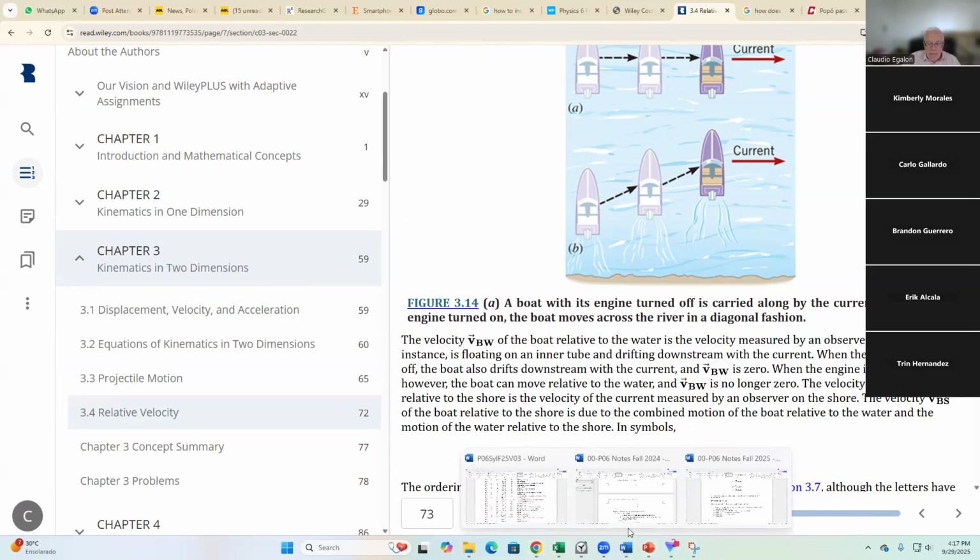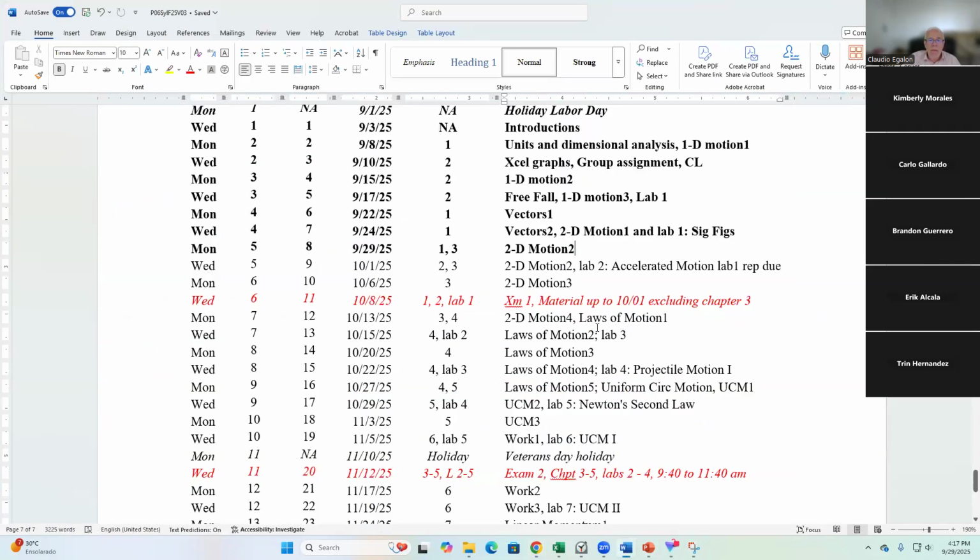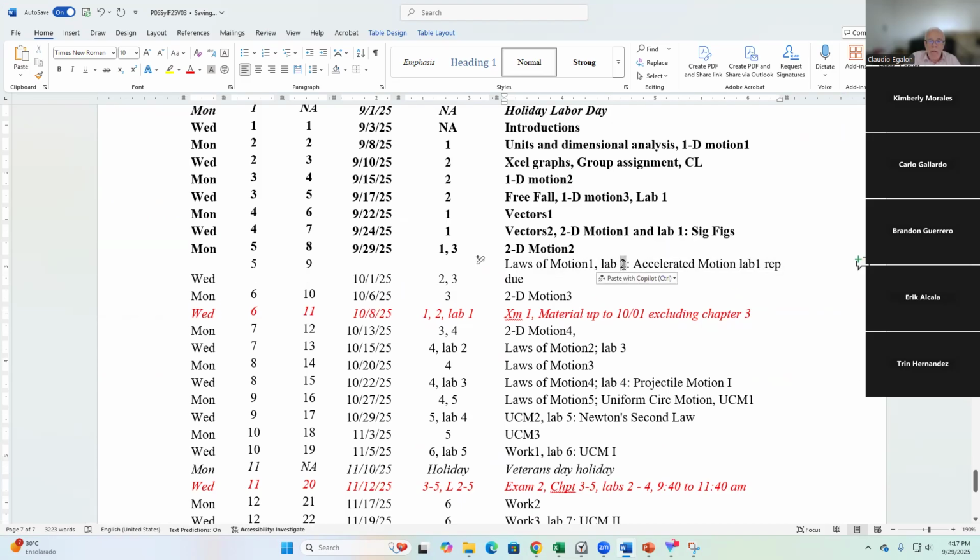And then I will have to update my syllabus. So here you go. We are going to start laws of motion earlier. Let's put that here. But we're still behind, so we should put lab 1 here. Lab 2, we are going to do some other time. Have to adjust here.